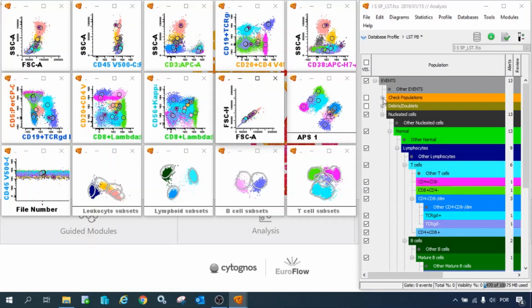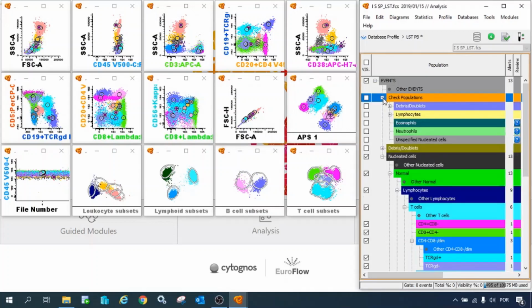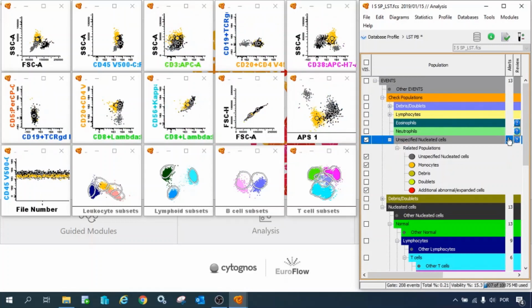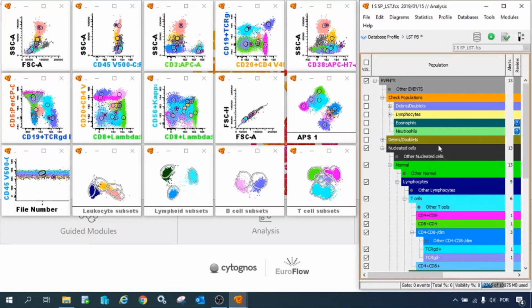So let's start now checking the populations. We start with the unspecified nucleated cells. If you remember correctly, we have the basophils, which have very high CD38, and then we have the other gray dots, which are the dendritic cells, and the black dots are the ones that we have to decide upon. So I will accept the first suggestion of the software and we'll call them unspecified nucleated cells.